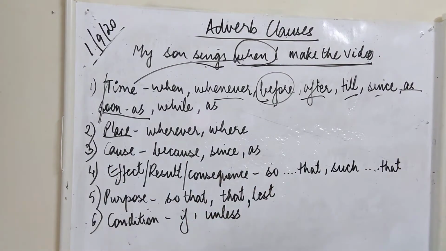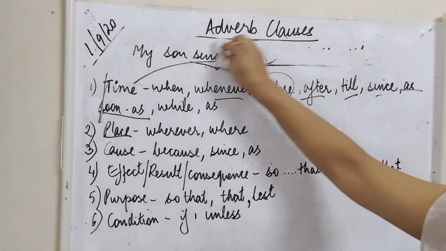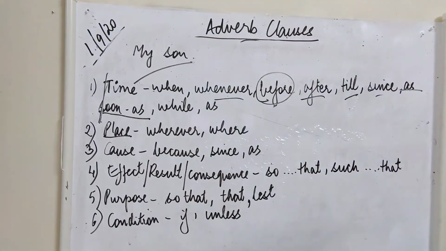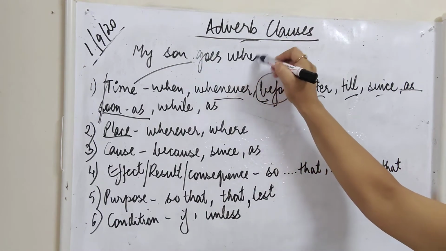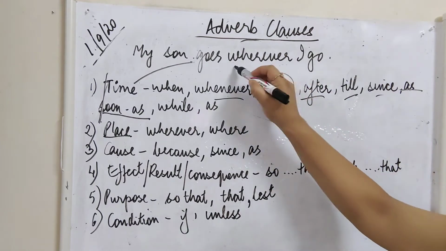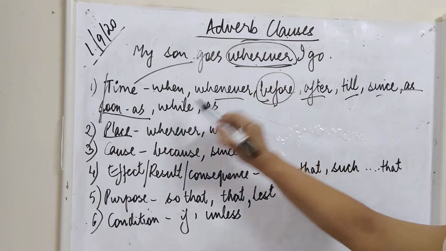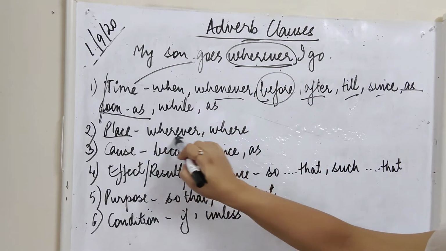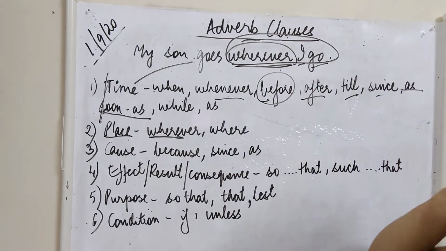Then coming to adverb of place. If, for example, I say, I am taking the example of my son, my son goes wherever I go. Now wherever is the conjunction which starts the clause and it's telling me the place. In wherever I go, I is the subject and go is a verb.